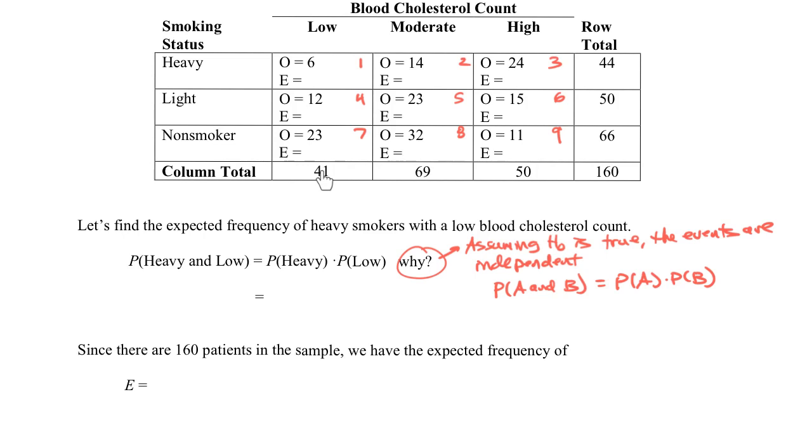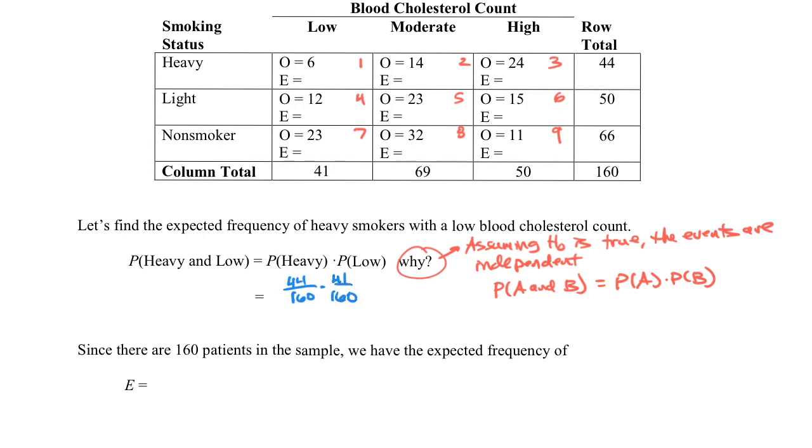So 41 out of 160. So the probability of a heavy smoker is 44 out of 160, multiplied by the probability of low blood cholesterol count. Well, there were 41 of those, again out of 160.